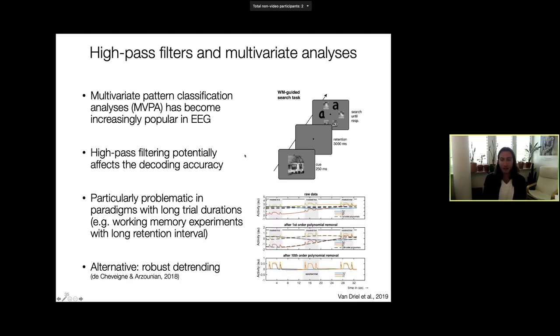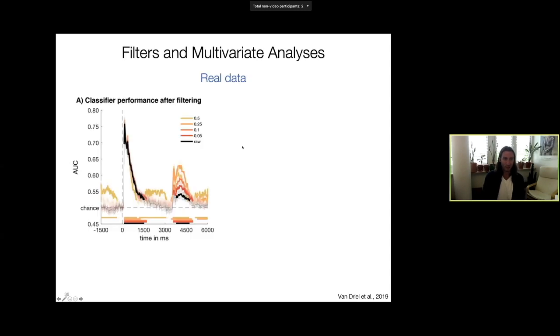The authors suggest an alternative method called robust detrending, which is very accessible in their paper. They conducted a test with different high-pass filters, seen here, on real data.